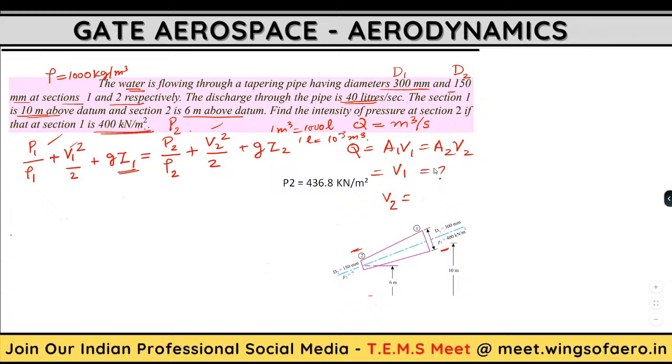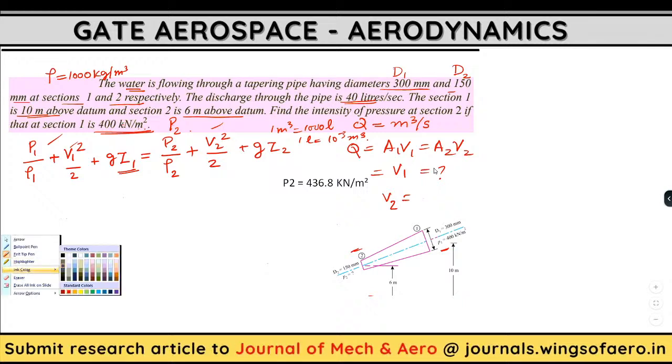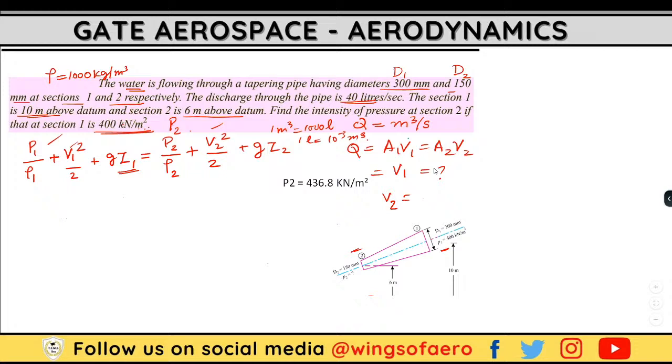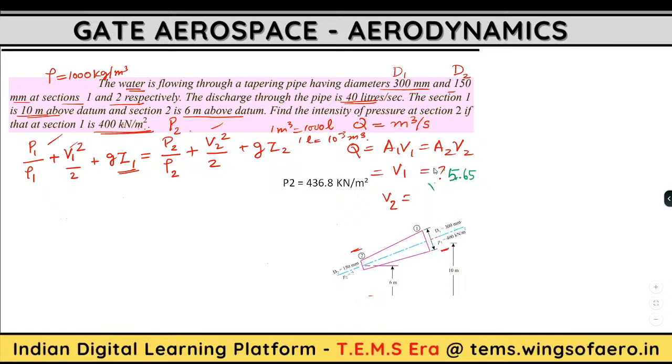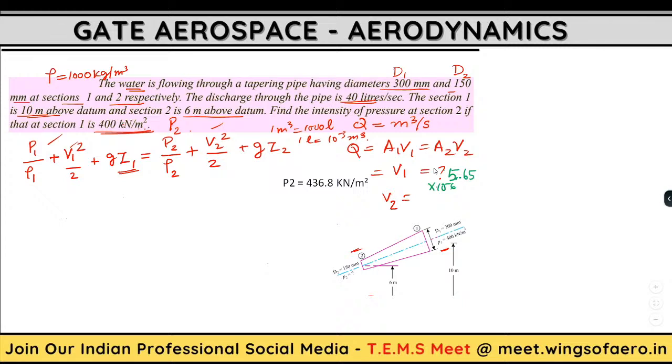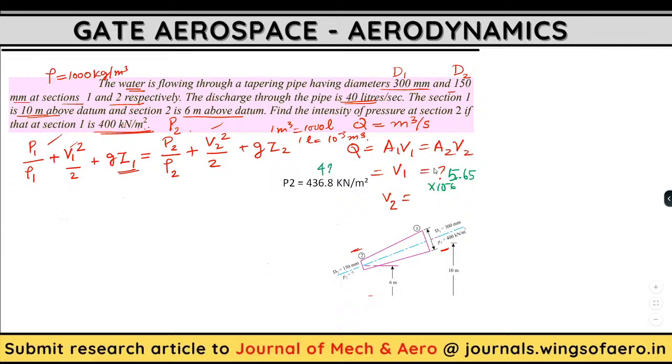I'm getting a very low value, ma'am. Like V1, I'm getting 5.65 into 10 to the power of minus 6. Ma'am, V1 is 42.44 meter per second. 42.44.